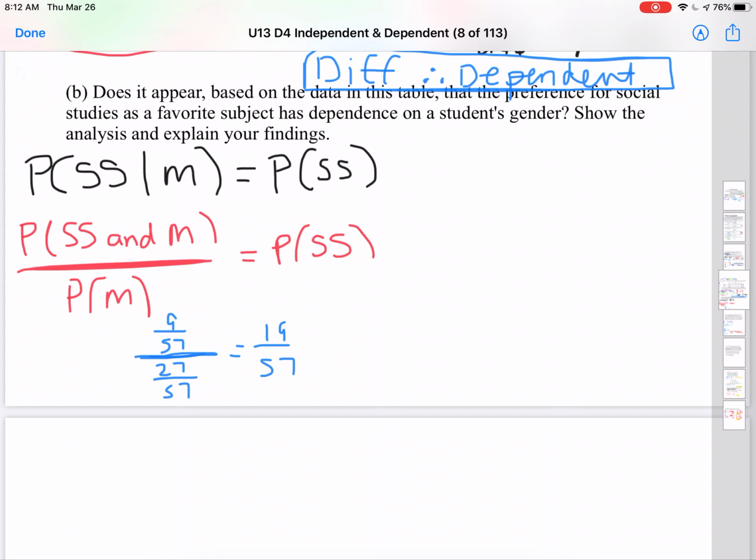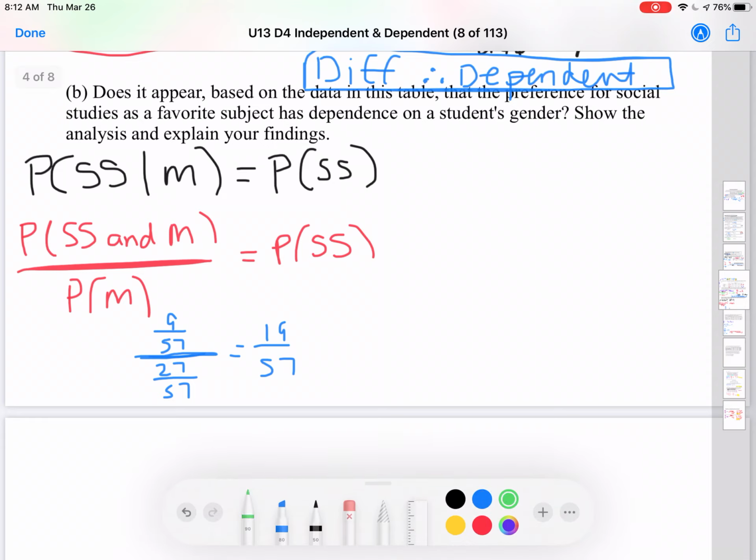So 9 divided by 27, we get 0.33 repeating. And then 19 divided by 57, we get 0.33 repeating. Okay, so here we do wind up with the same. Therefore, these events will be independent of each other.